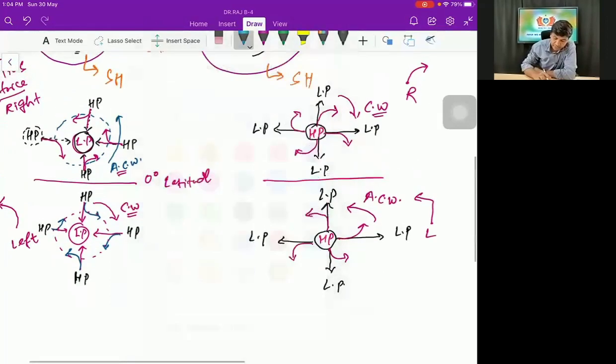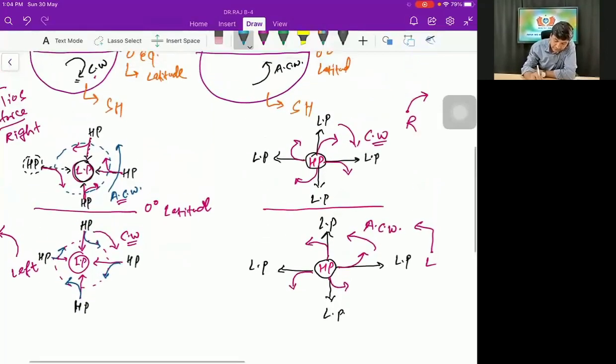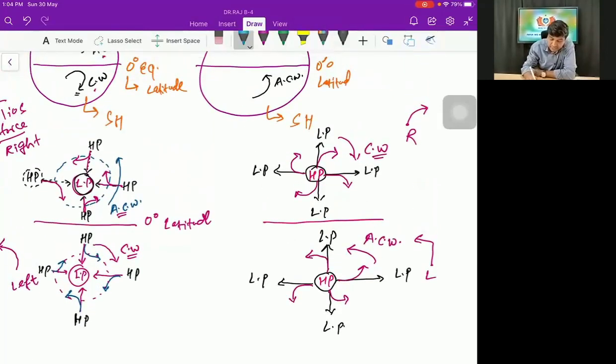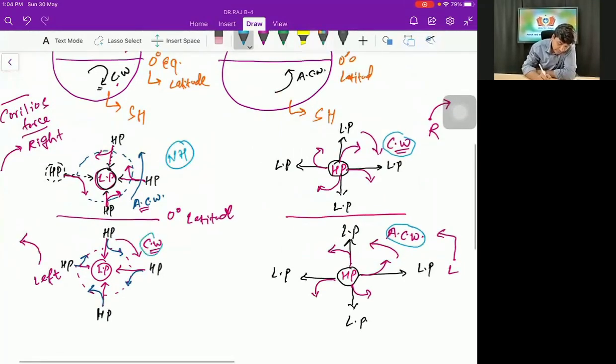So anticyclones move in the clockwise direction in the northern hemisphere and anti-clockwise in the southern hemisphere, and cyclones move anti-clockwise in the northern hemisphere and clockwise in the southern hemisphere. These are very, very important points. So this is the direction of cyclones.